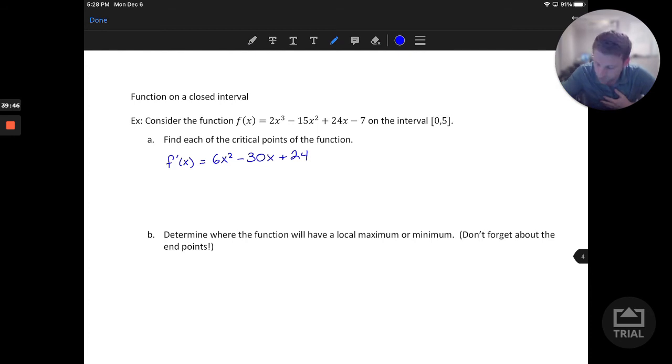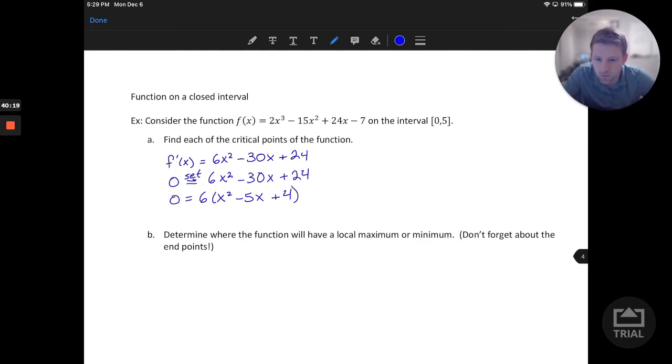We can continue that process with setting the derivative equal to 0, and we'll go ahead and factor this. Looks like we can take a 6 out of this expression.